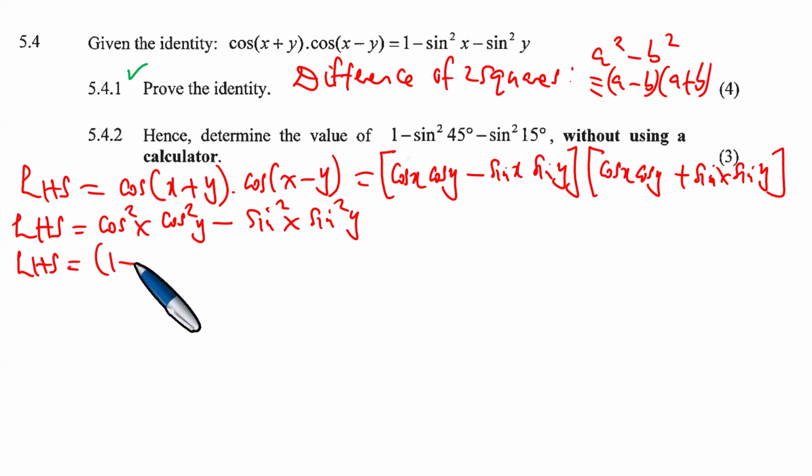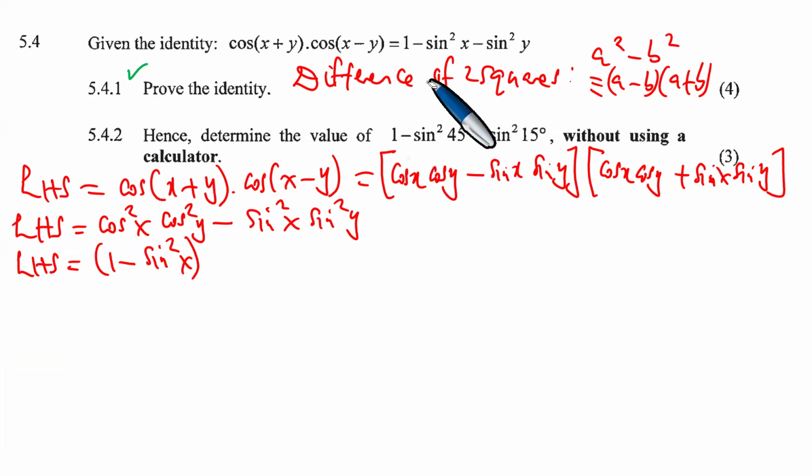The cosine squared x is 1 minus sine squared x. You can change the cosine squared and write it as 1 minus sine squared, simultaneously keep this and return the cosine squared y there. And then we can also make the following changes.